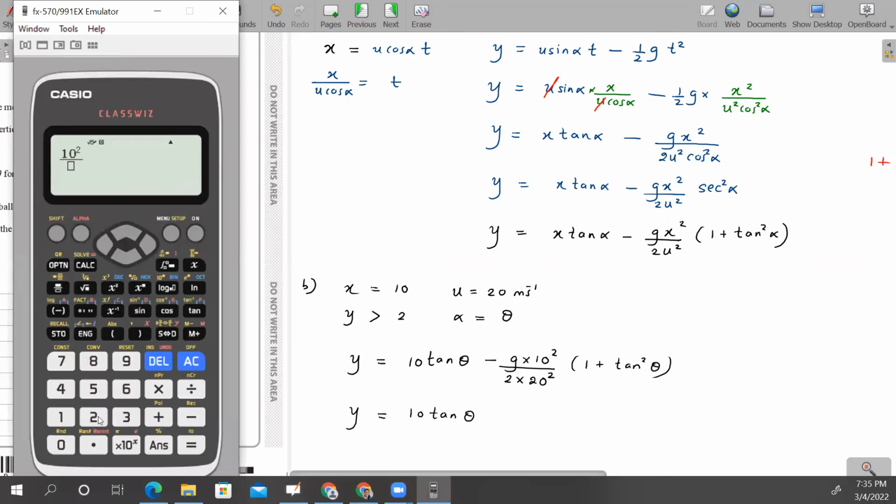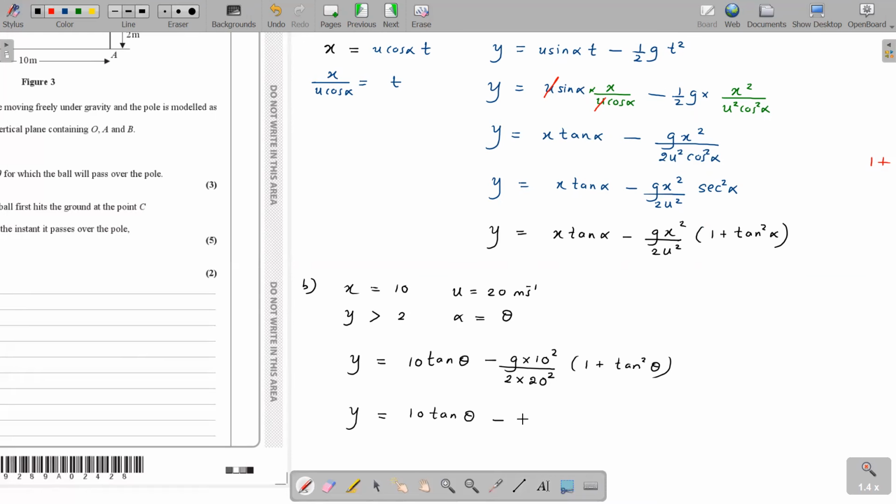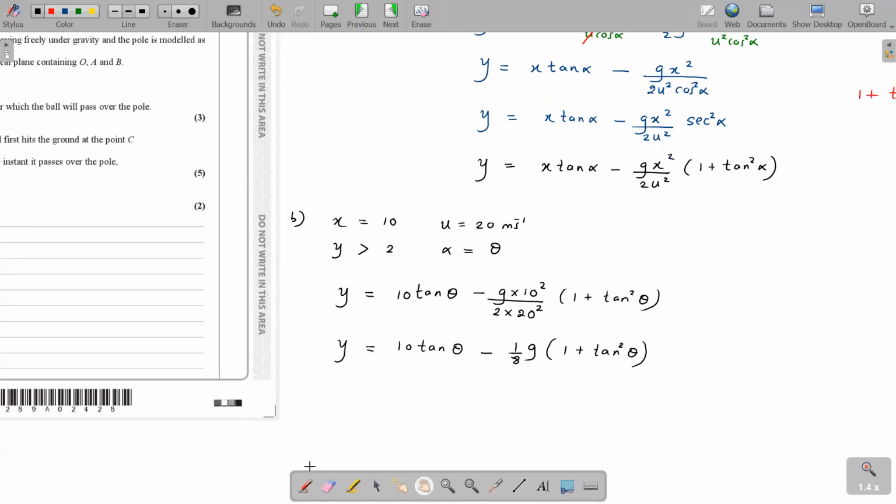10 square over 2 into 20 square gives me 1 over 8. I didn't input the g value, so 1 over 8g into 1 plus tan square theta. So what do we get here? y equal to x tan theta, open the bracket, minus 1 over 8g minus 1 over 8g tan square theta.